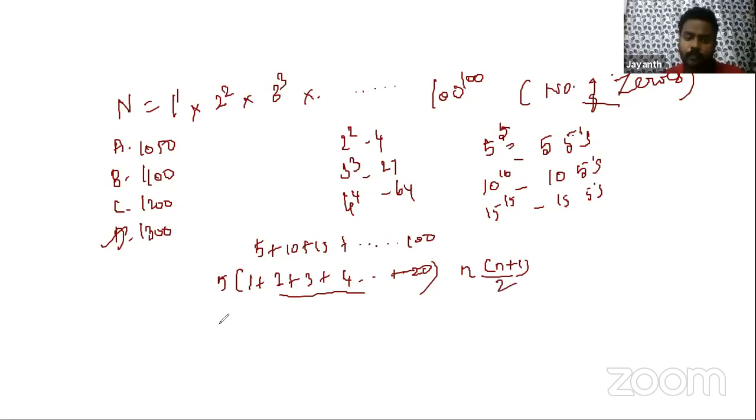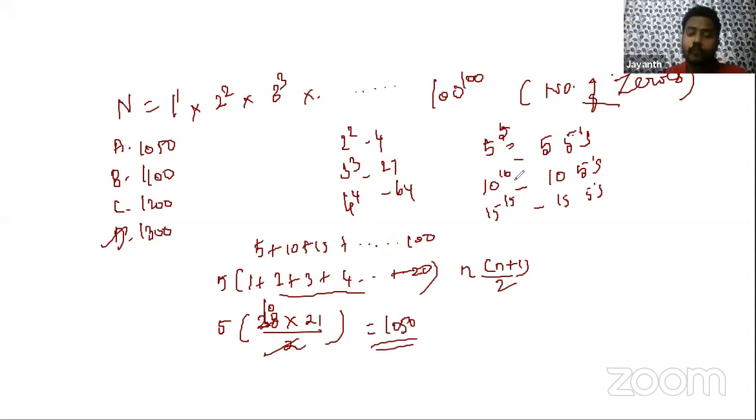So it is 5 into 20 into 21 divided by 2. 2 tens are 20, 10 21s are 210, 210 into 5 is 1050. Right, which is 1050.